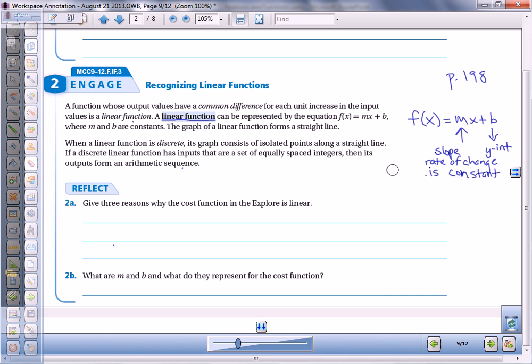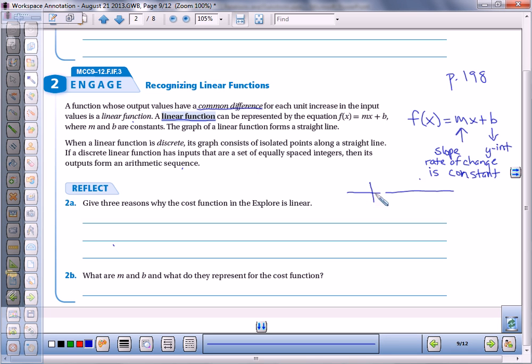So I'm going to give us a little table here. And we'll do 0, 1, 2, 3. And we'll say 5, 7, 9, 11. Now, you guys know how to actually calculate slope, right?